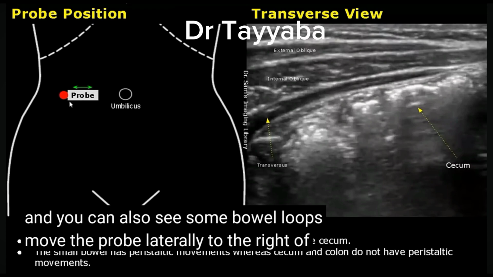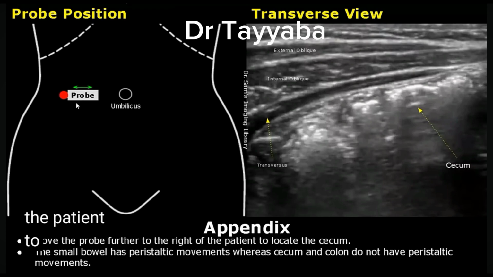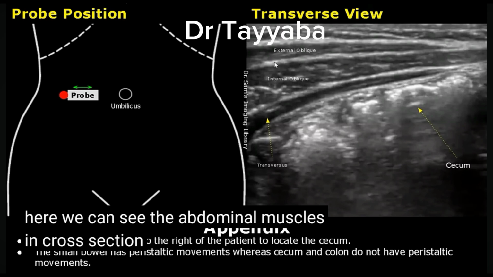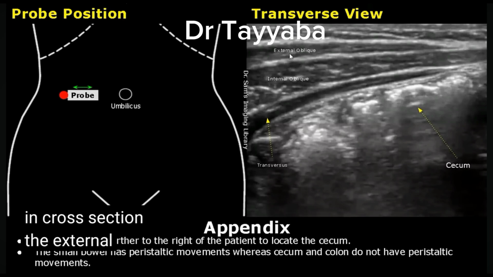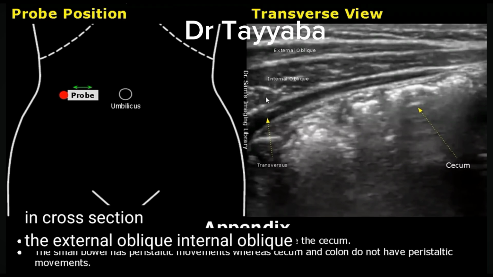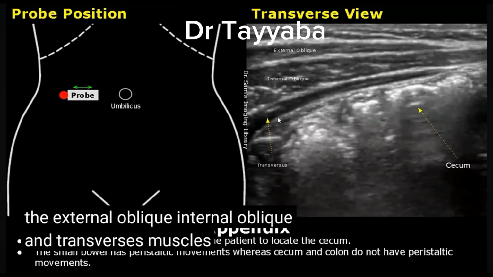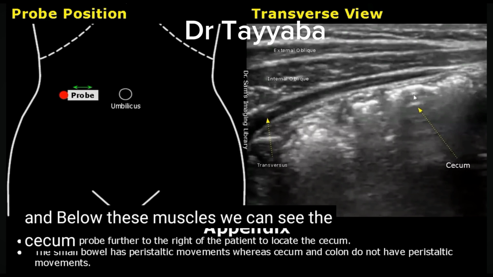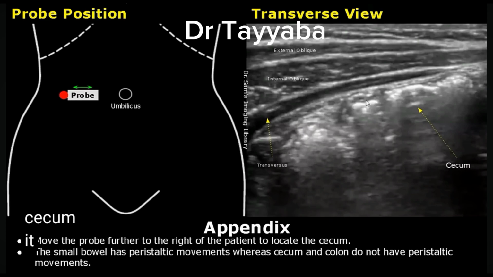Move the probe laterally to the right of the patient to locate the cecum. Here we can see the abdominal muscles in cross section, the external oblique, internal oblique, and the transversus muscles. And below these muscles we can see the cecum.